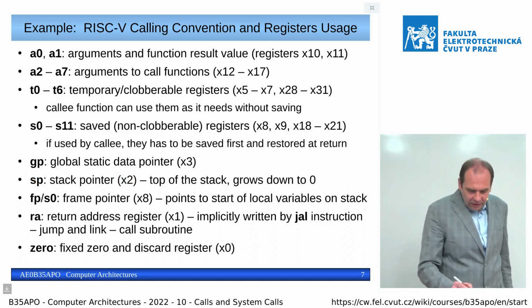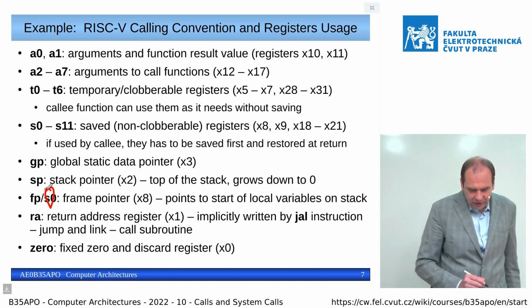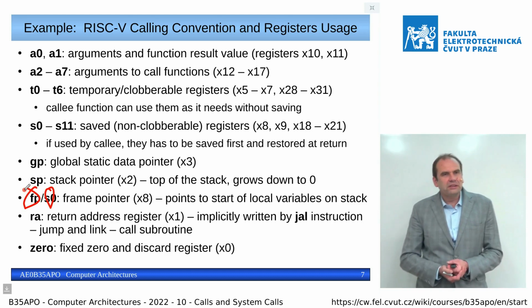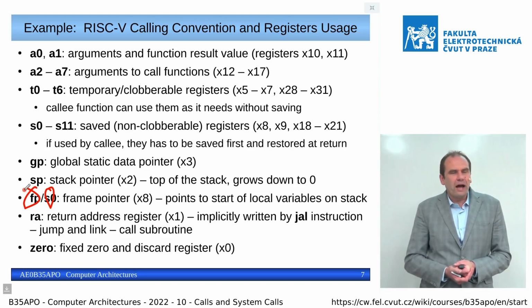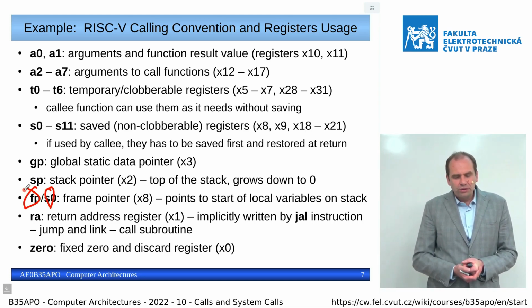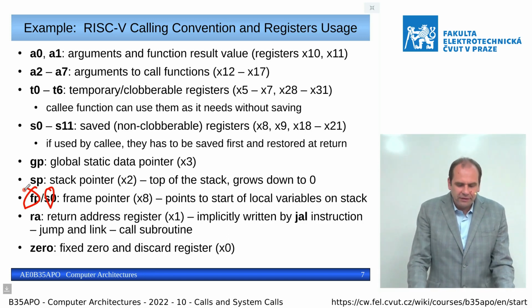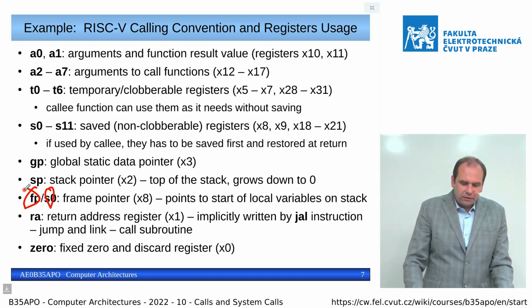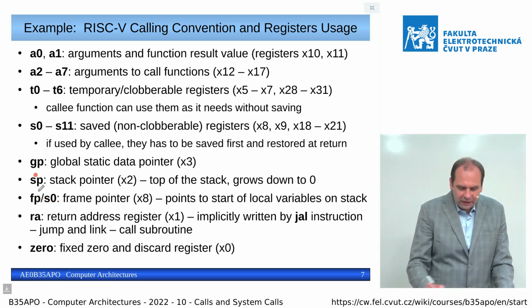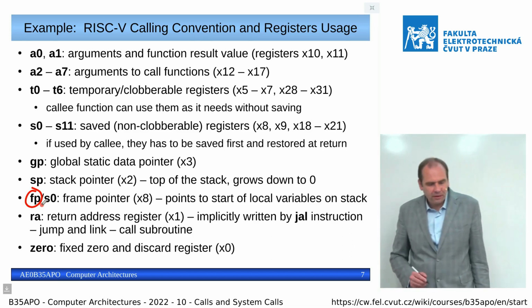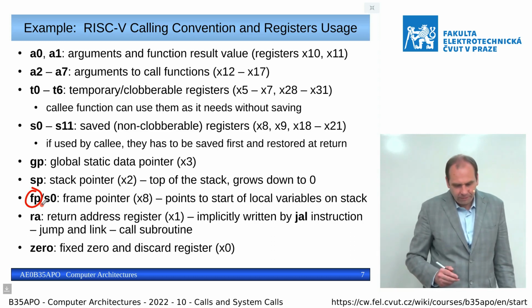And then we sometimes can use the register S0 as a frame pointer. This means it is a local pointer which points to the area where local variables start for a given subroutine, so that you do not need to compute it again and again from the stack pointer. For this reason, one register can optionally have this function of the frame pointer.